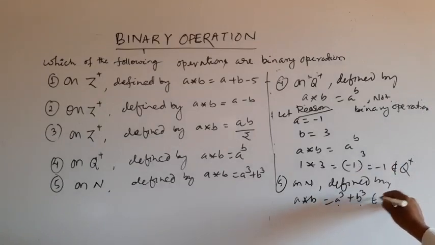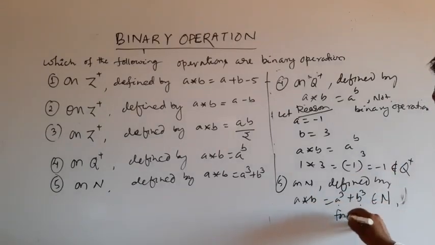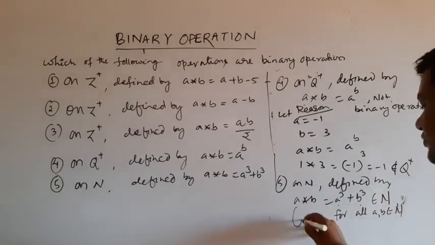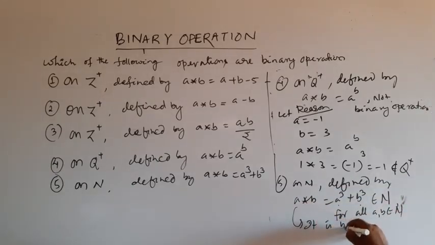So this belongs to N for all a, b belongs to N. So this is a binary operation.